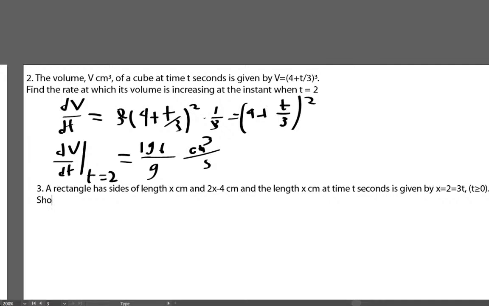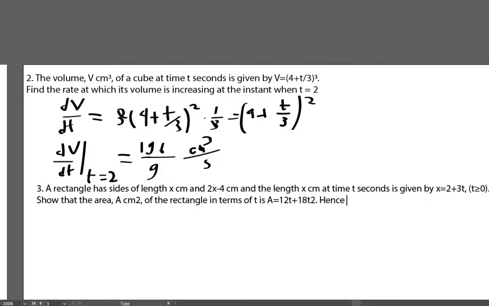Show that the area a centimeter squared of the rectangle in terms of t is a equals to 12t plus 18t squared.